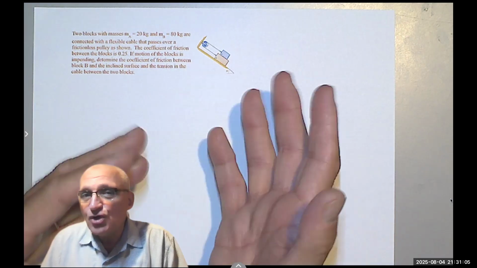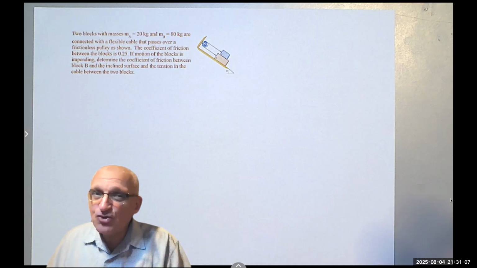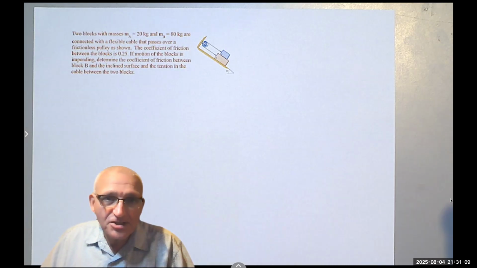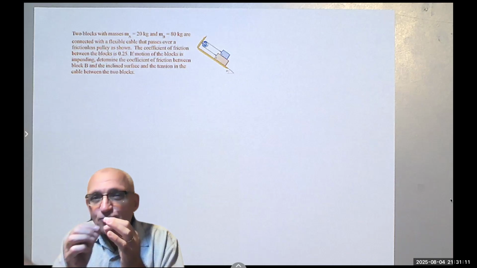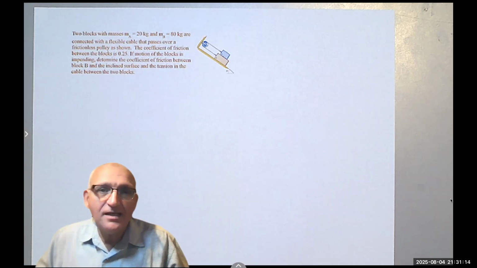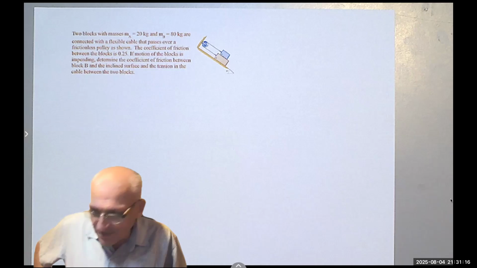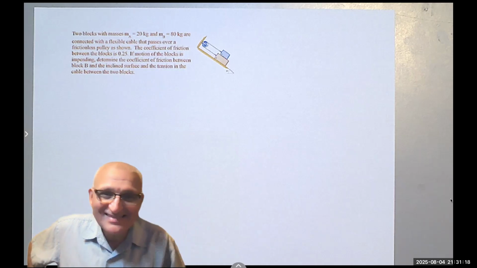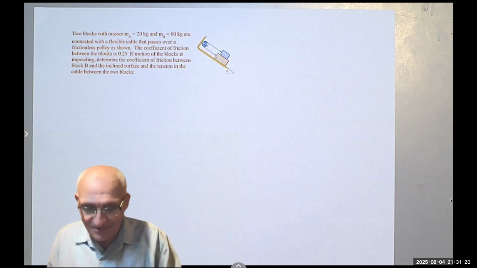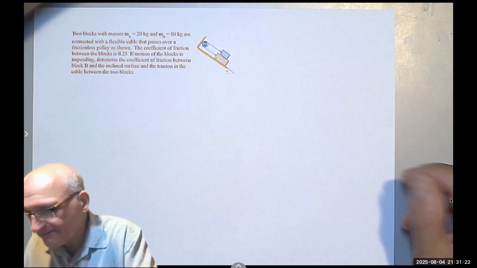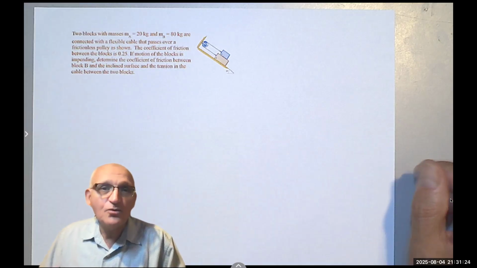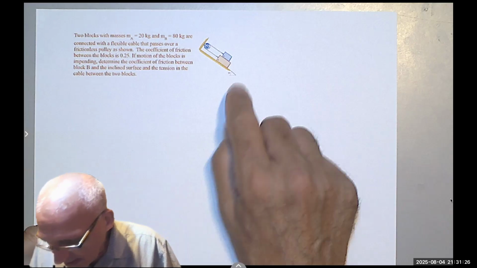Meaning, if it's too low, this thing would slide. If it's too high, then it won't budge. But what is the value that would make the motion impending? Meaning, just if you come and blow on it, it will start sliding. That's basically a very small extra force would let it slide down.